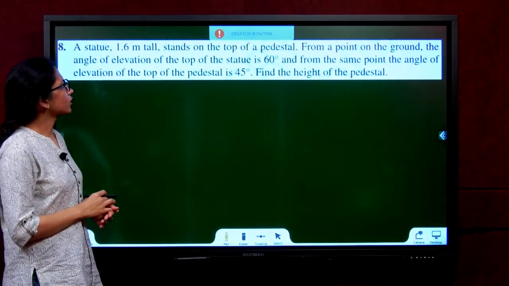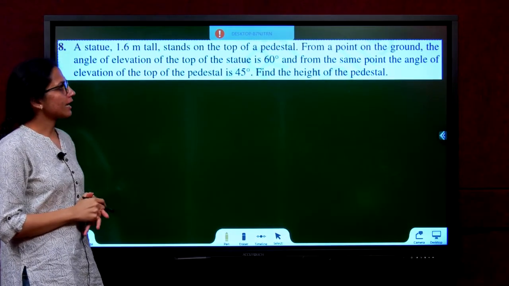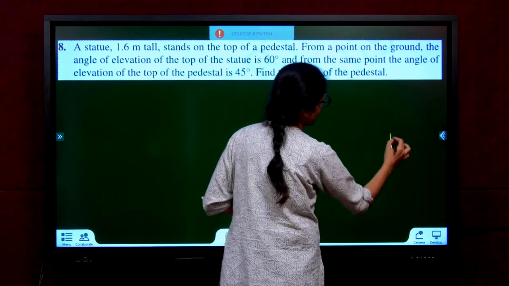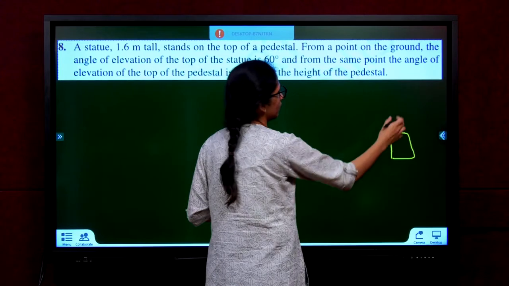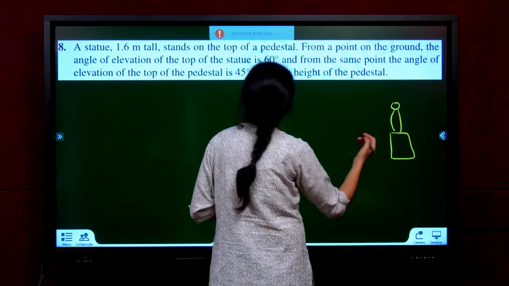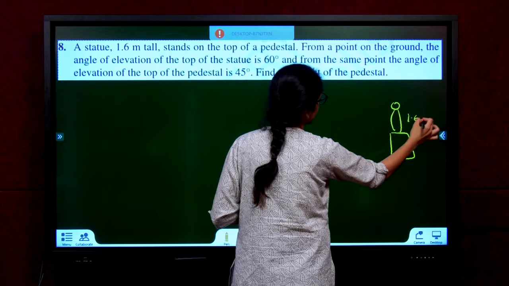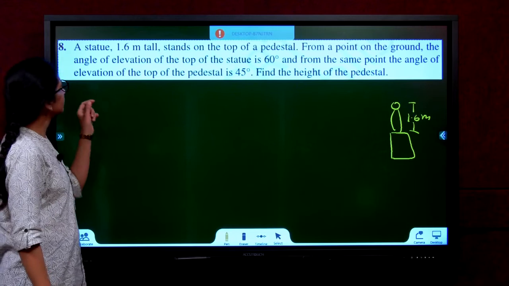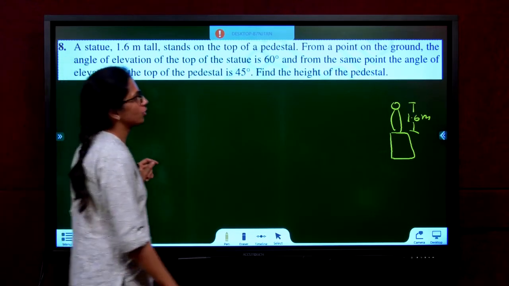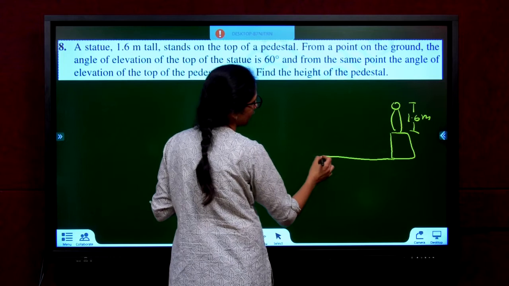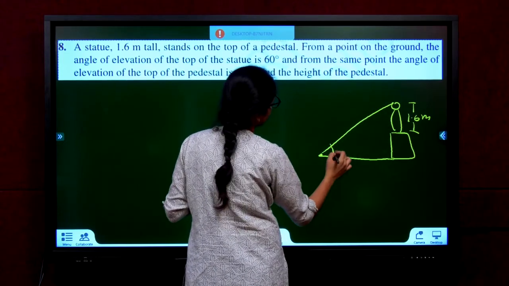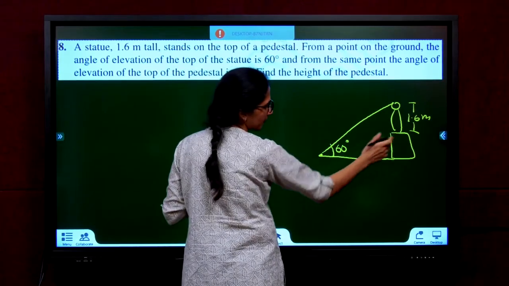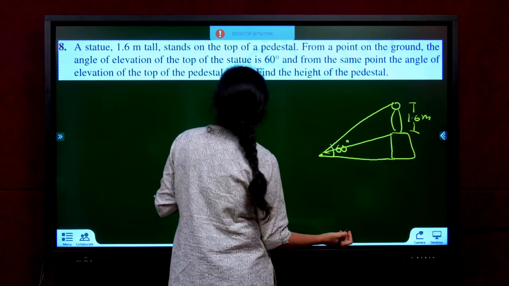Question 8. A statue 1.6 meter tall stands on the top of a pedestal. So we have a pedestal here, like level ground. On top of this we have a statue. The statue's height is 1.6 meters tall. From a point on the ground, the angle of elevation of the top of the statue is 60 degree, and from the same point the angle of elevation of the top of the pedestal is 45 degree.